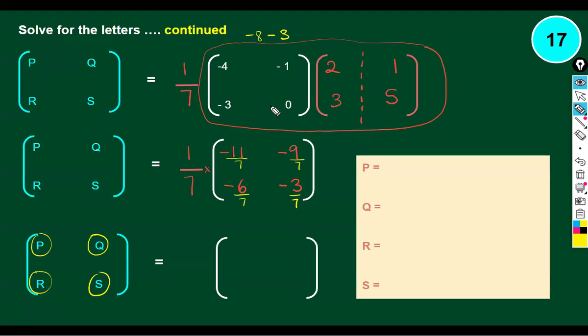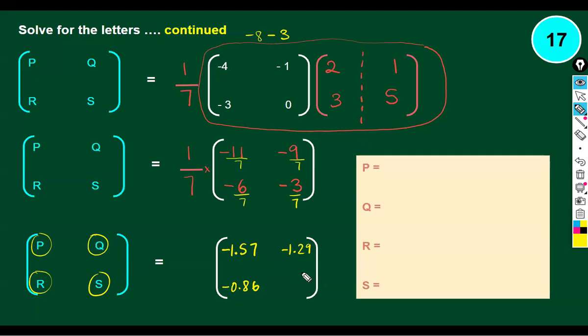All right, so 11 divided by 7. I'm getting -1.57 here, -1.29 if I do it correctly. Real minus here, right? -0.86.